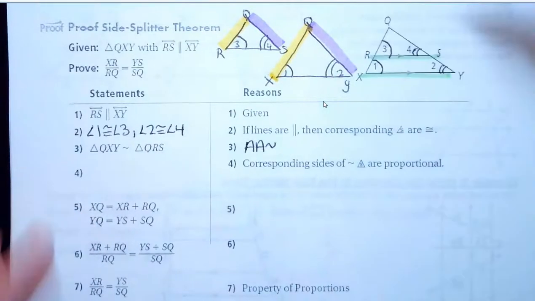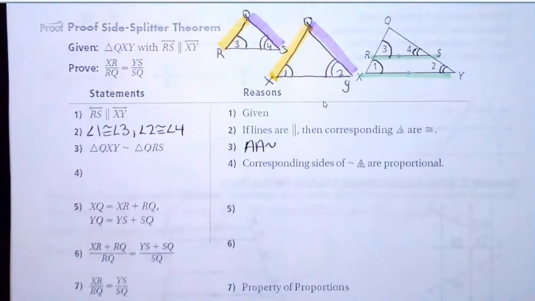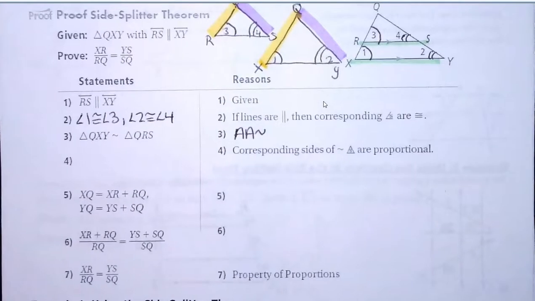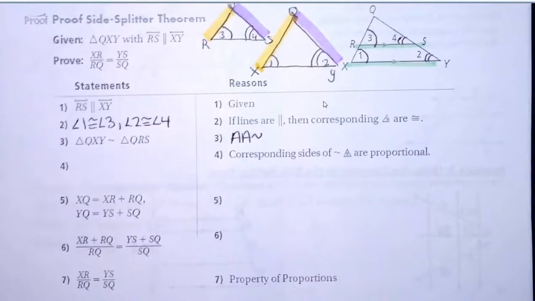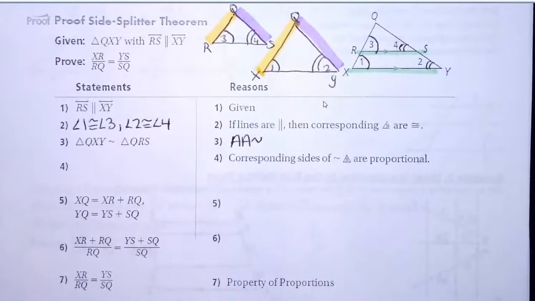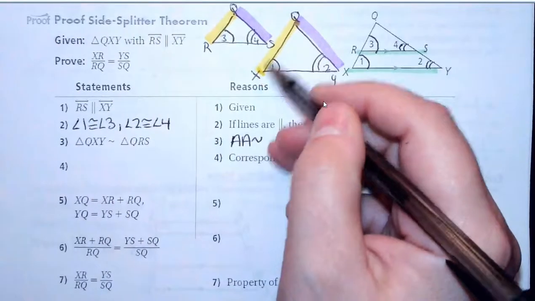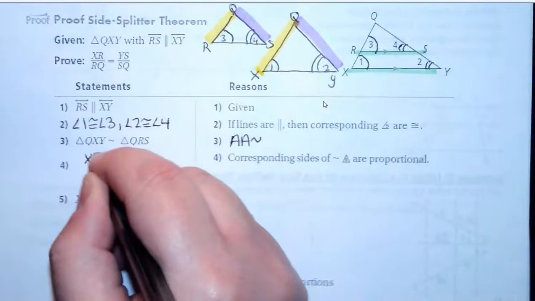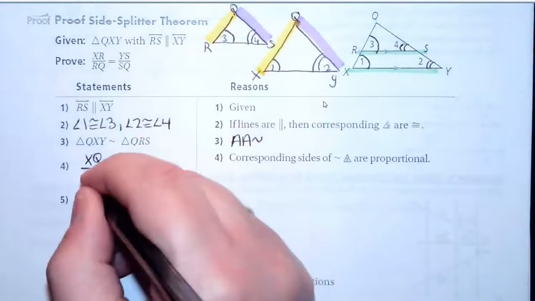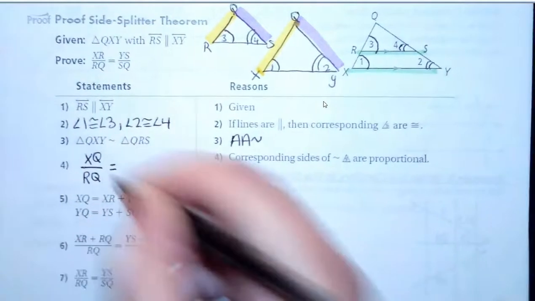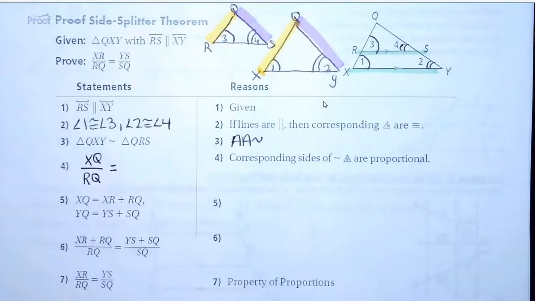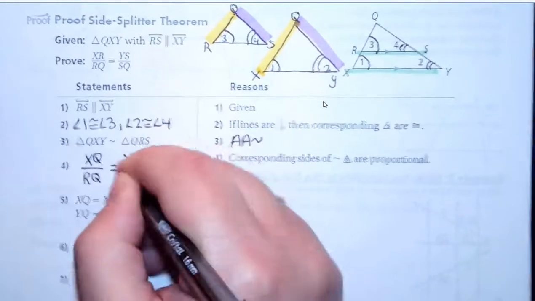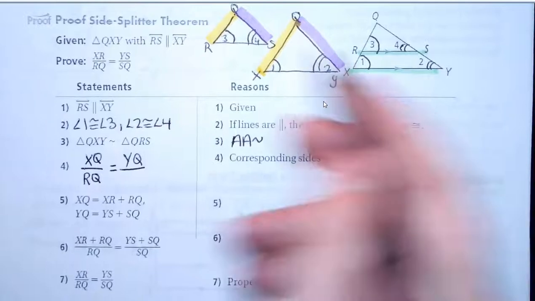So those have to be in proportion. So what I'm going to write down next is that those sides are going to be in proportion, not congruent, but they're going to be in proportion to each other. So I'm going to say XQ over RQ has to be in proportion or equal to YQ, that side there, over SQ.